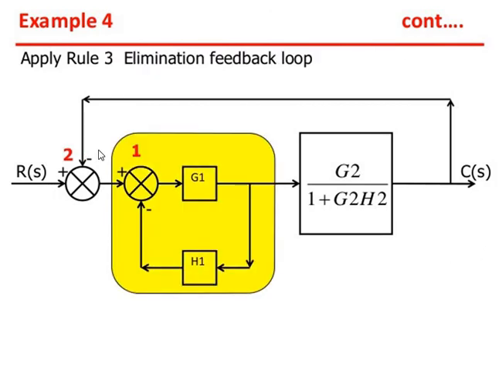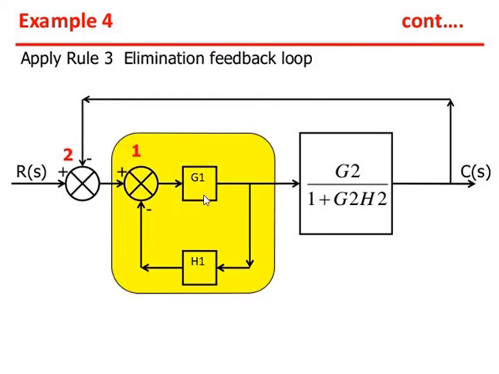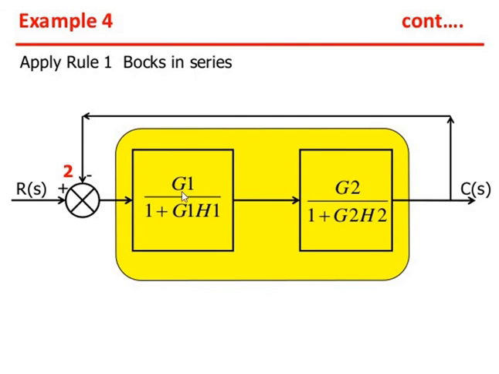By shifting these two summing points, G1 and H1 are connected as the feedback element. By applying rule 3 for this feedback path elimination, it becomes G1 divided by 1 plus G1 H1. So it becomes G1 upon 1 plus G1 H1.